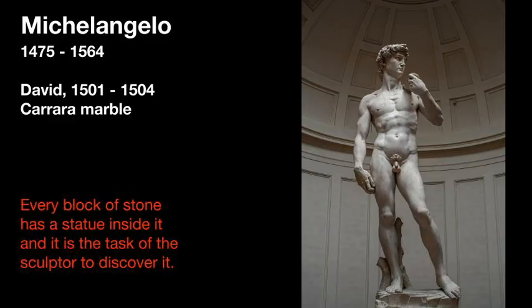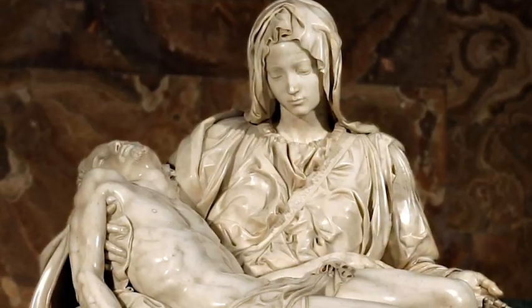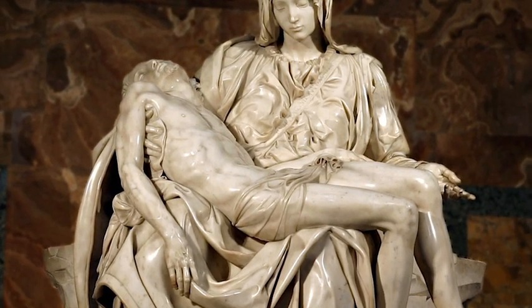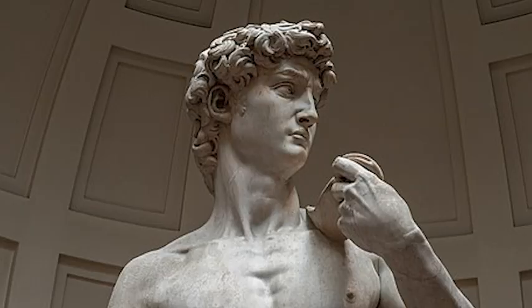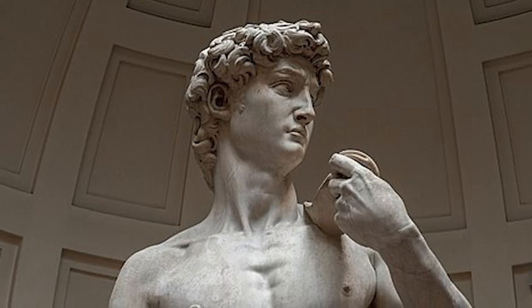About 60 years after Donatello's David first stood in the Medici gardens, a 25-year-old Michelangelo completed his version in 1501. Having proven his mastery with the Pietà in Rome, Michelangelo was commissioned to create a massive sculpture for the Florence Cathedral.